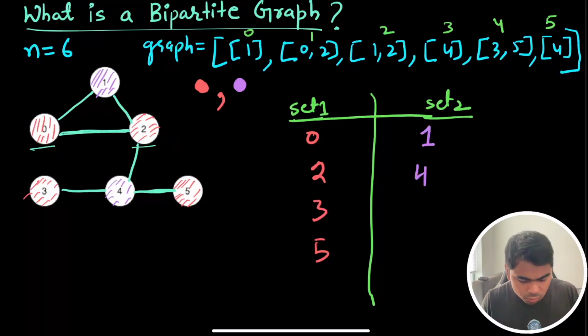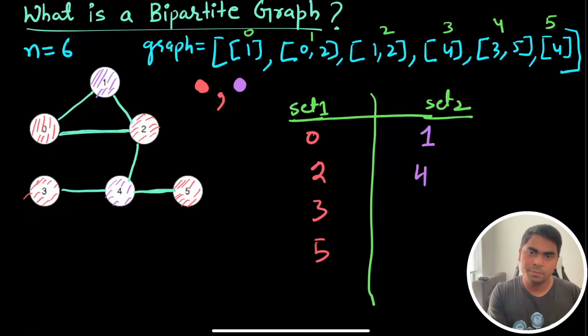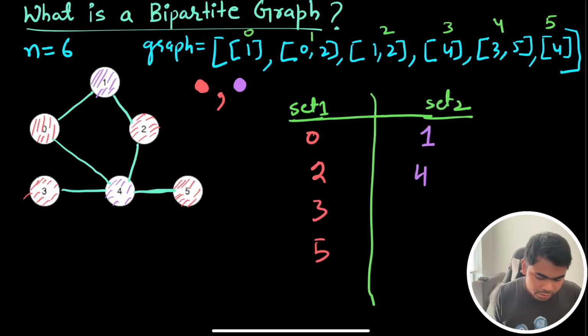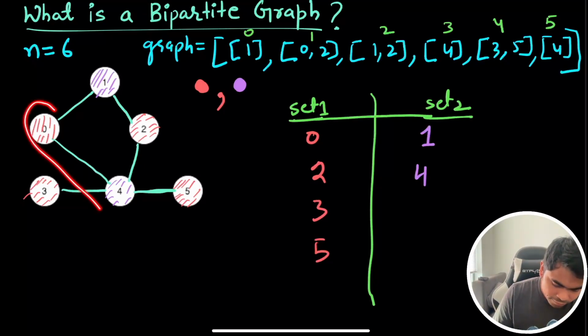That means this is not going to be bipartite, because we can't put these two into different sets because they are the same colors, right? But what if instead of that I was introducing a cycle like here, now you actually can, because these two nodes are of different colors.